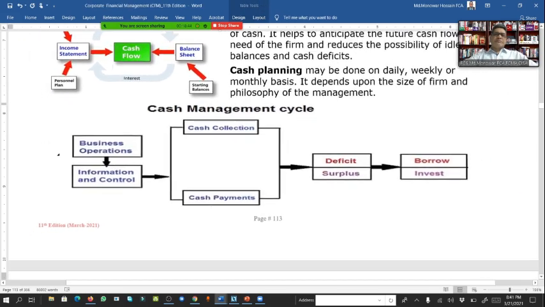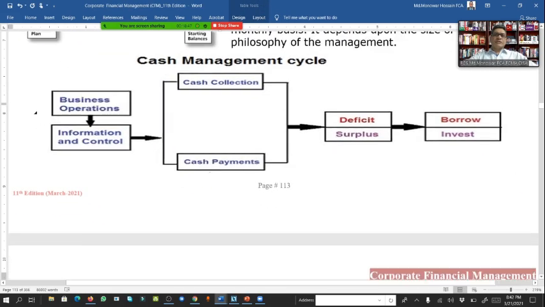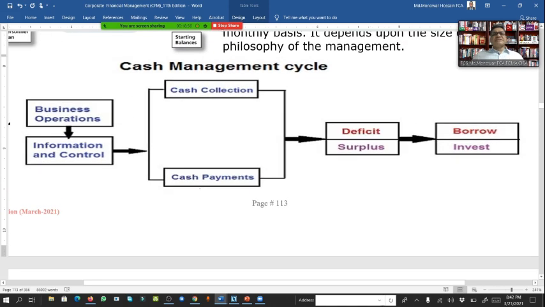And the cash management cycle we can describe this way: if we do business operations, within these business operations there can be cash collection or cash payment, and that is the cash management cycle. Sometimes cash can be surplus, can be deficit, and if deficit, that means short of cash, then we have to borrow.